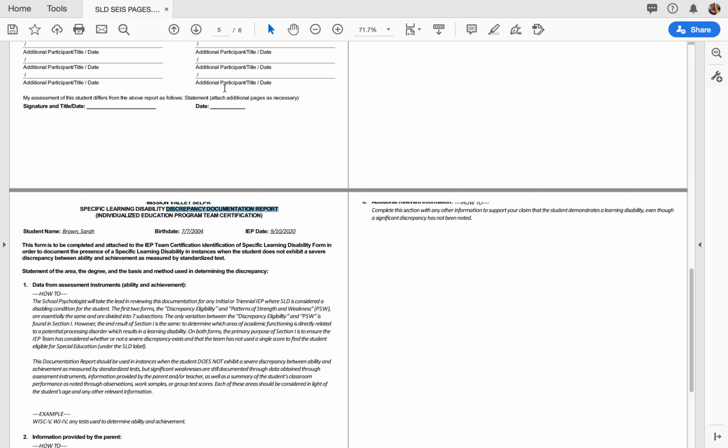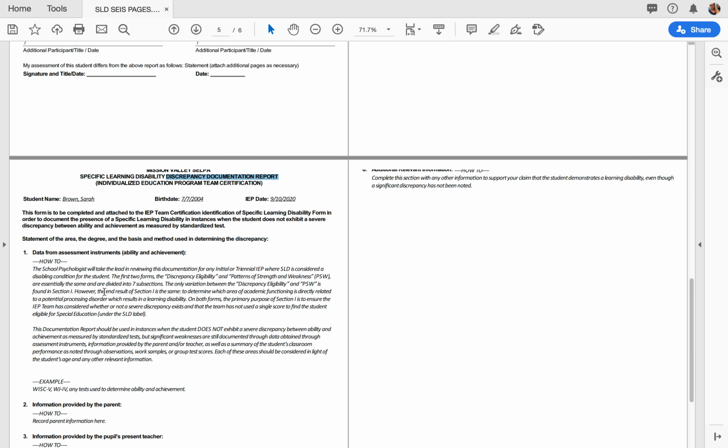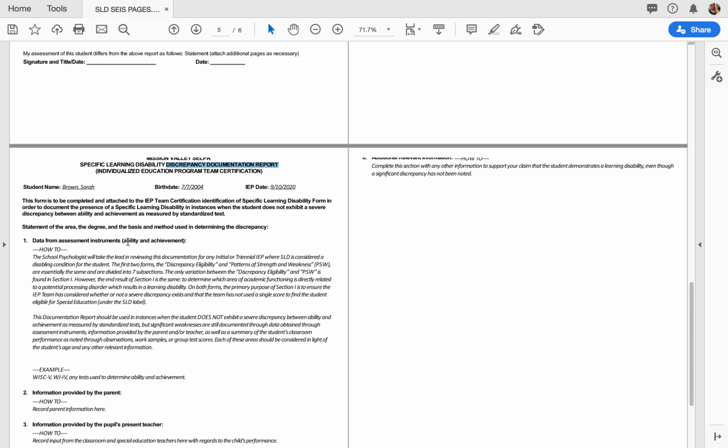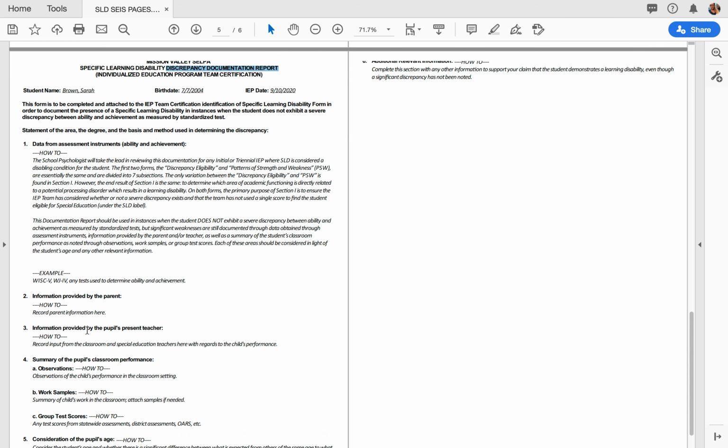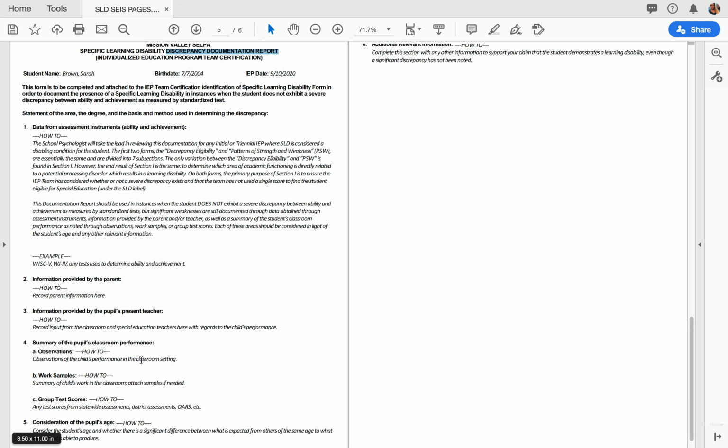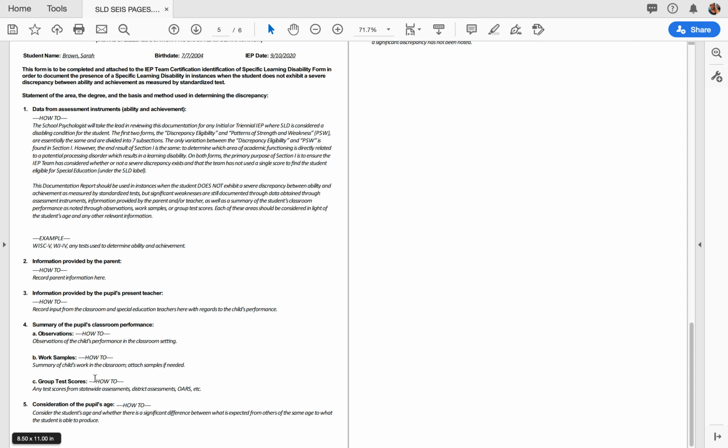And each of these areas should be considered in light of the student's age and any other relevant information. So as you can see, it asks for data from assessments, information provided by the parent, information provided by the teachers, a summary of the classroom performance, work samples, group test scores, and then consideration of the pupil's age. Okay.